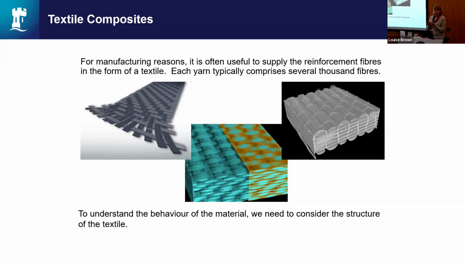There's much more research going on into the ones on the right, which are what we call 3D woven composites, where you get some Z direction, through thickness, strength as well. And increasingly looking at different shapes that you can make so that you can have net shaped composites.